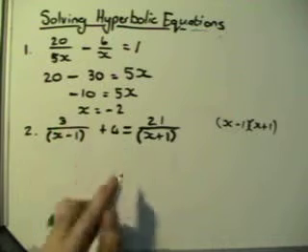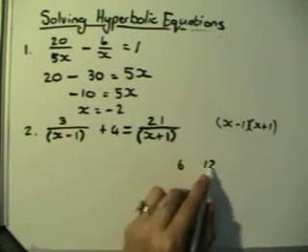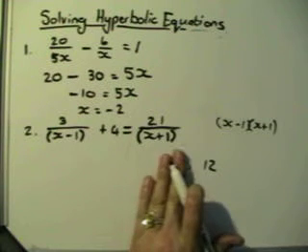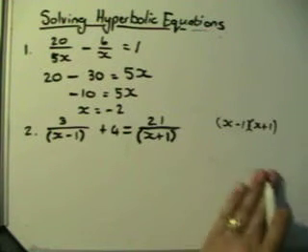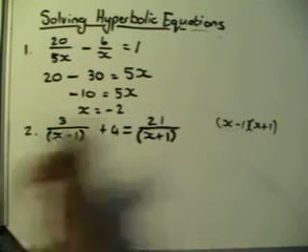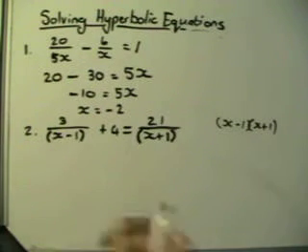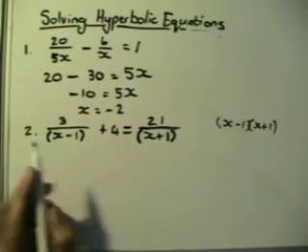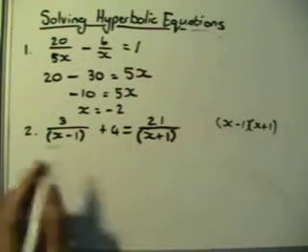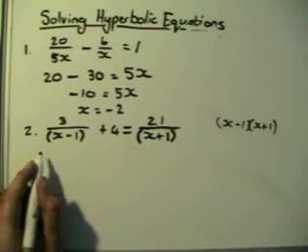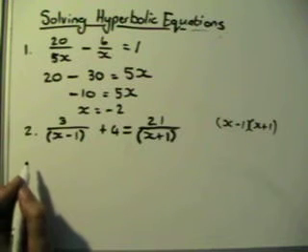Numbers like 6 and 12 have a common multiple 12, which 12 is part of, but 2 and 3 are completely different numbers, and I can't find a common multiple, so then I just multiply with 2 and multiply with 3 to get my common multiple, which will be 6 then. So that's what I'm going to do here. So I'm multiplying with x minus 1, x plus 1.